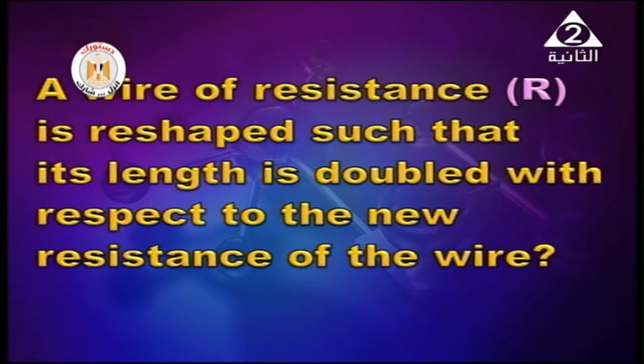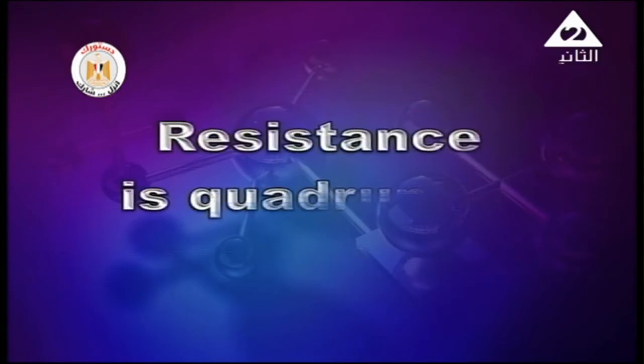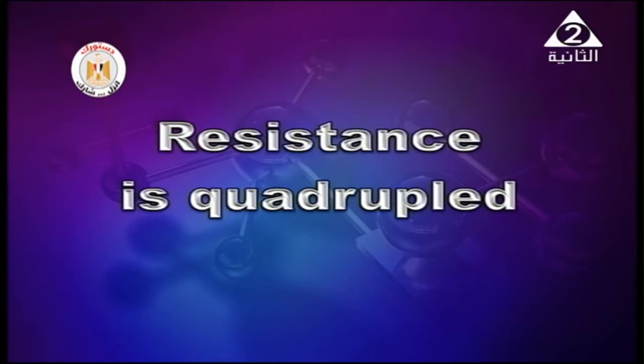When a wire is melted and reshaped such that its length is doubled, the area will be halved. Okay, this is very important to bear in mind. So the resistance is made 4 times greater, length doubled and area halved. Doubling the length will double the resistance, and when the area is halved, the resistance will be doubled again, so it will be increased 4 times. Resistance is quadrupled.